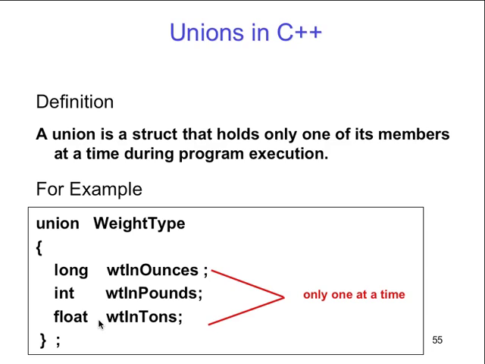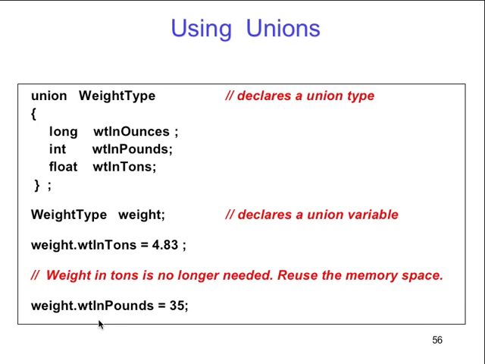It's storing one value, but we have 3 different data types to choose from. So if we took weight type and added it to an integer, we're not going to get a type mismatch error if we're storing an integer value. And we can also do the same thing with float and long. So it gives us our polymorphic, and then it changes our type depending upon how we're using it.